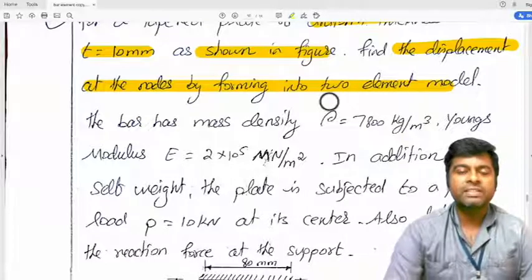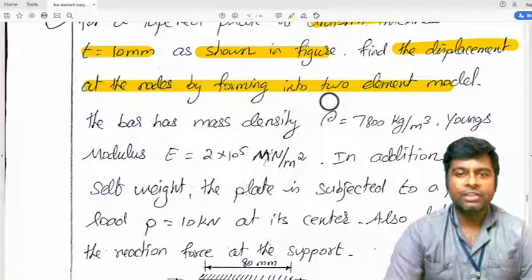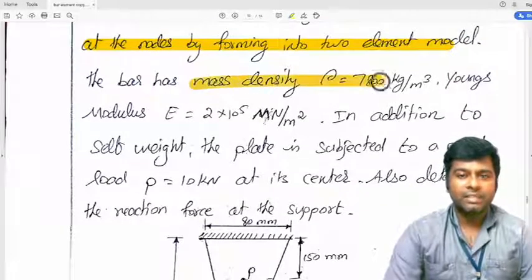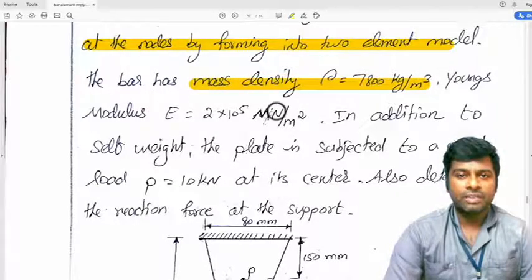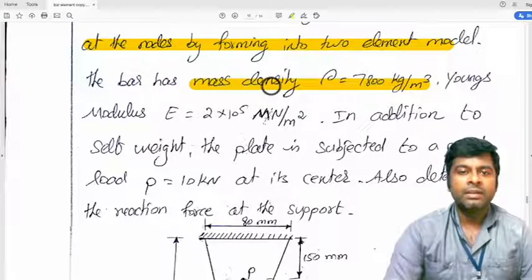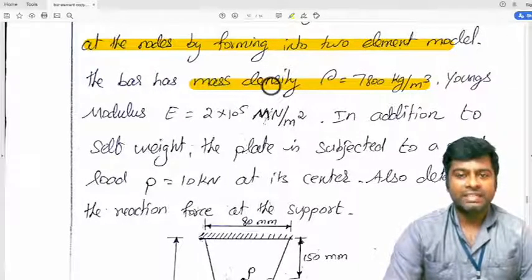So two elements have three nodes, node 1, node 2, node 3. Therefore, we find the displacement at the nodes, that is U1, U2 and U3. The bar has mass density rho equal to 7800 kg per meter cube. Since mass density is given, the self weight is considered.